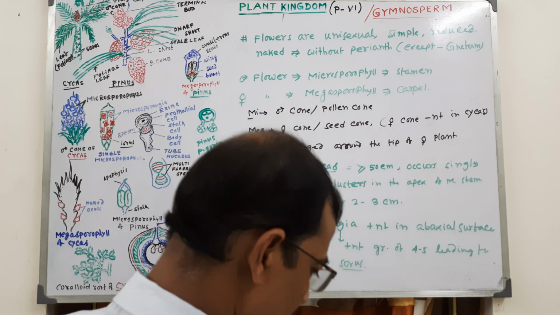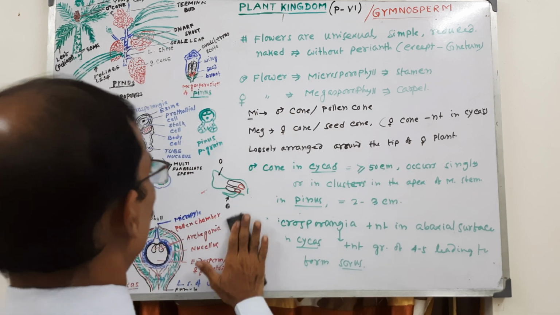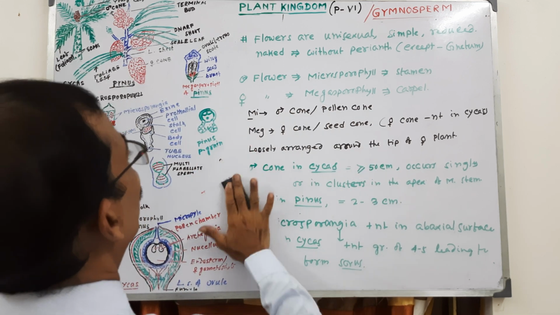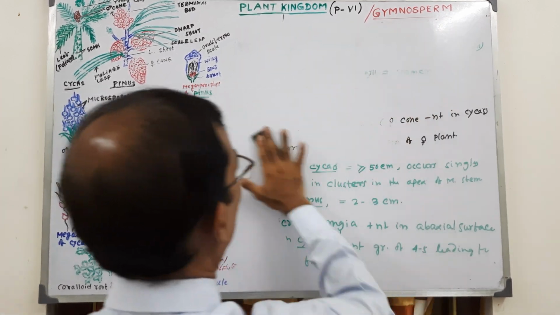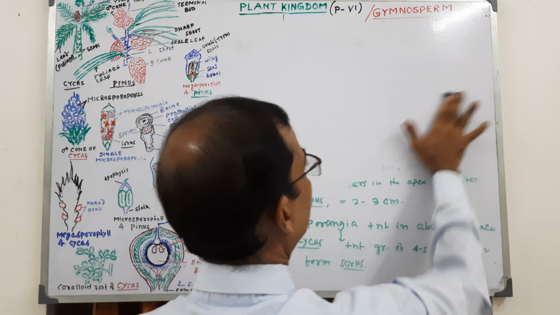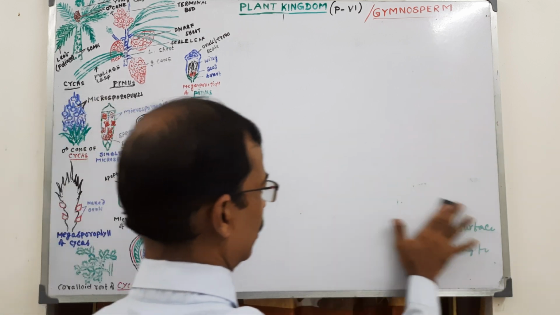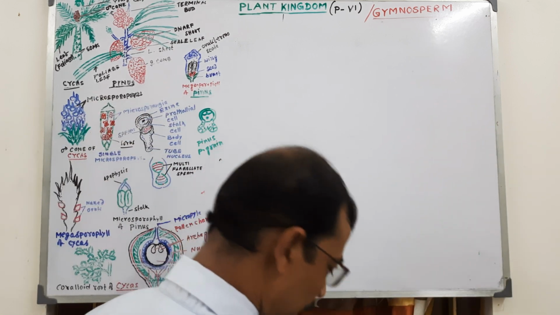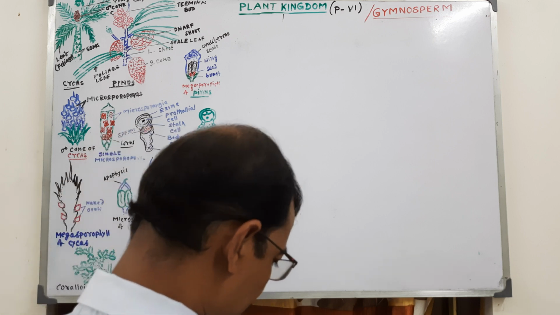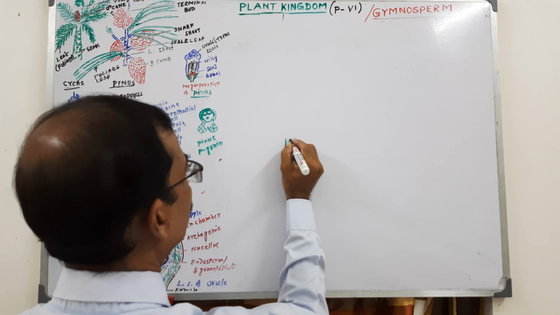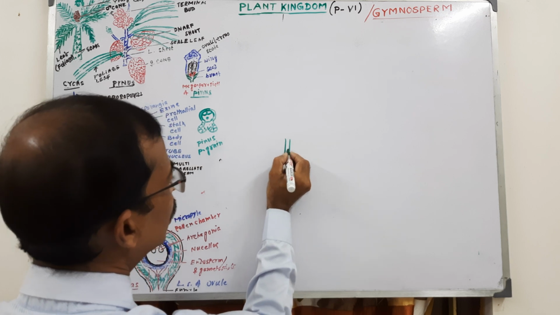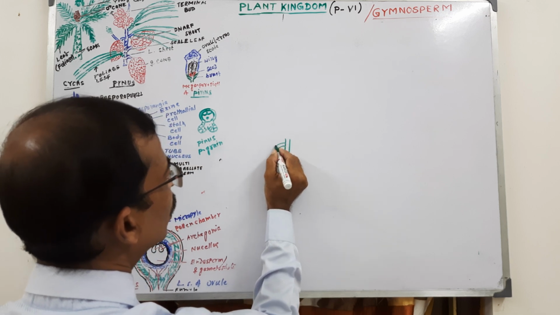In case of Ginkgo, the microsporophylls are arranged in a catkin-like inflorescence, that is, on a central axis. In case of Ginkgo, this is the long shoot, this is the dwarf shoot.